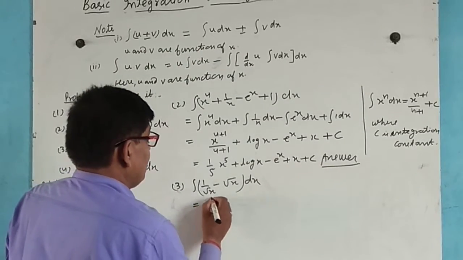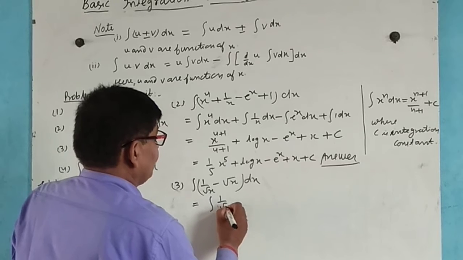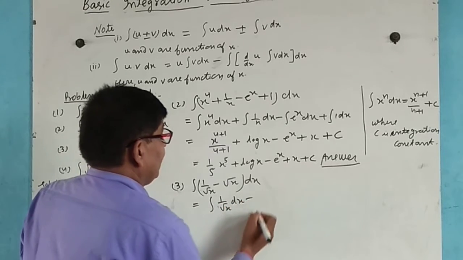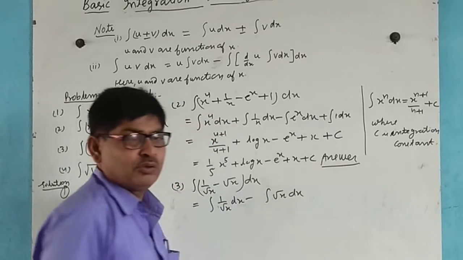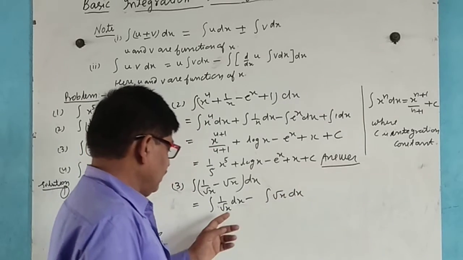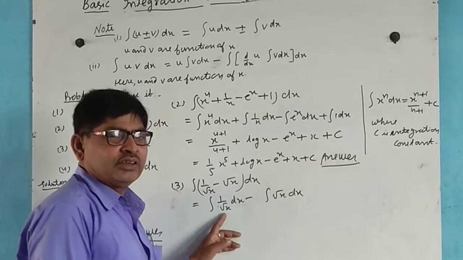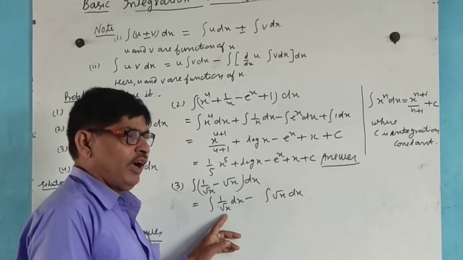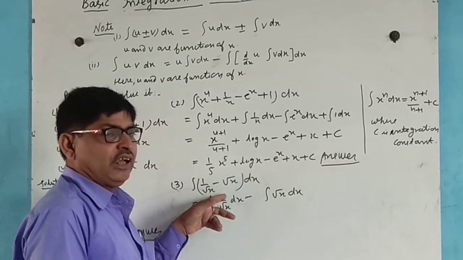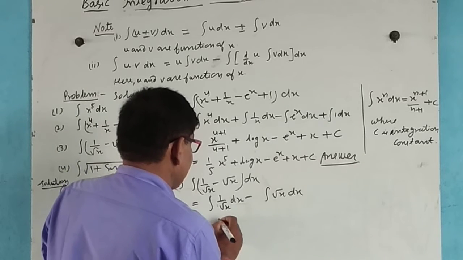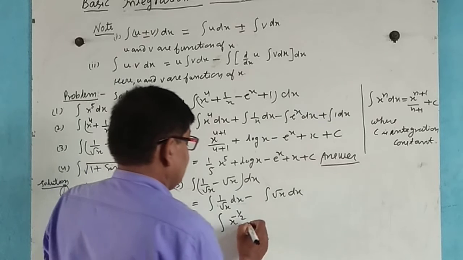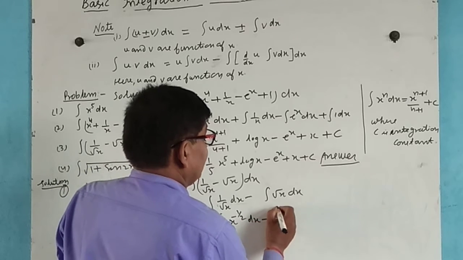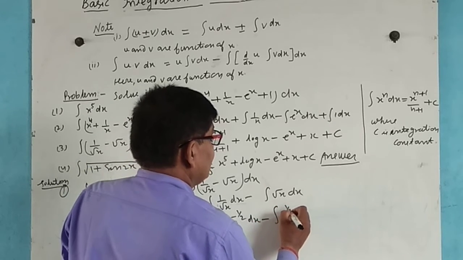Now integration of 1 by under root x dx minus integration of under root x dx. This can be written as under root x equal to x to the power half, and it comes upstairs, that is, x to the power minus half. Integration of x to the power minus half dx minus integration of x to the power half dx.